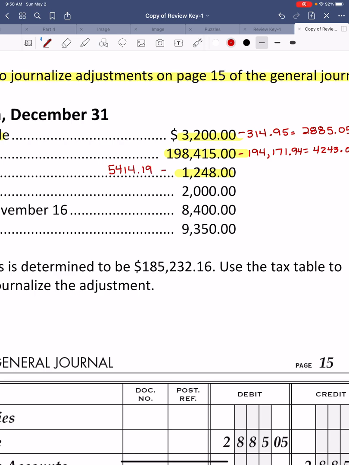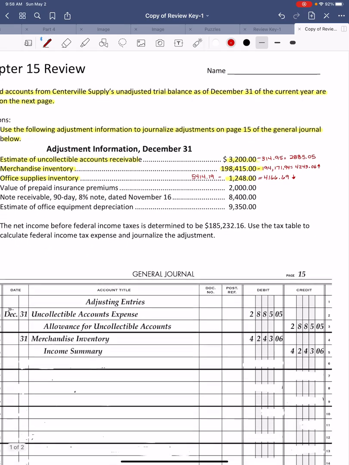It goes down to $1,248, so the difference is $4,166.69. So your supplies has gone down by that amount.